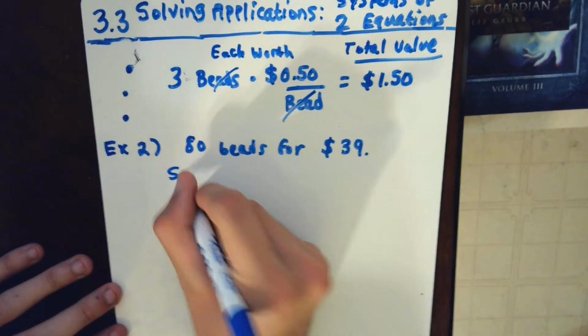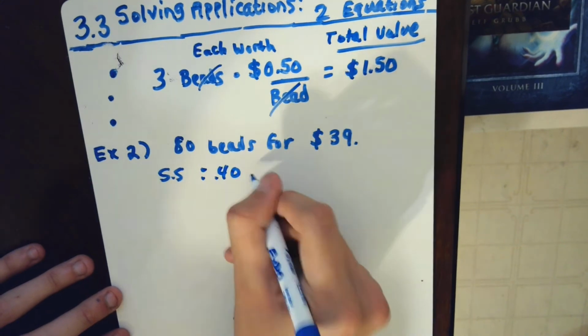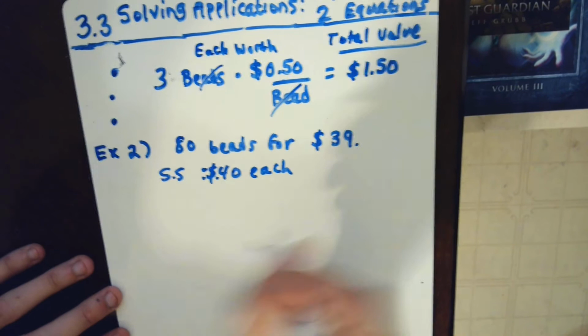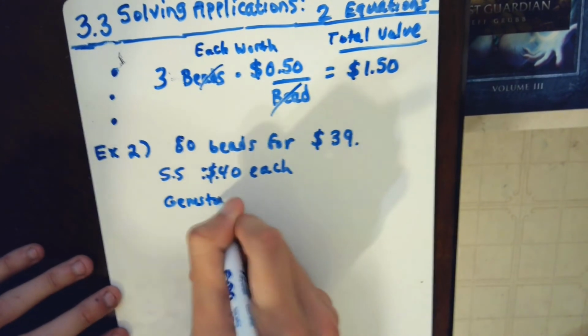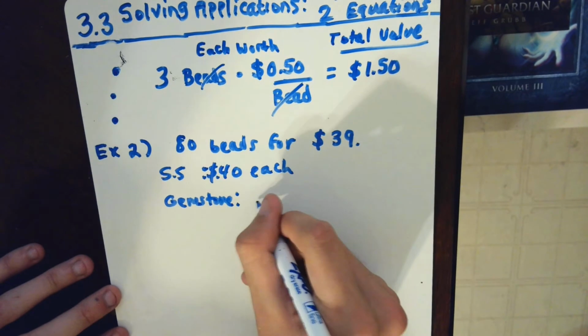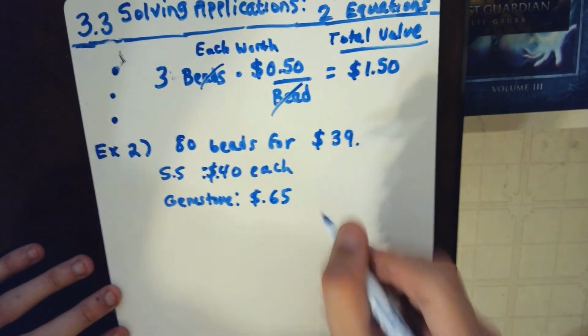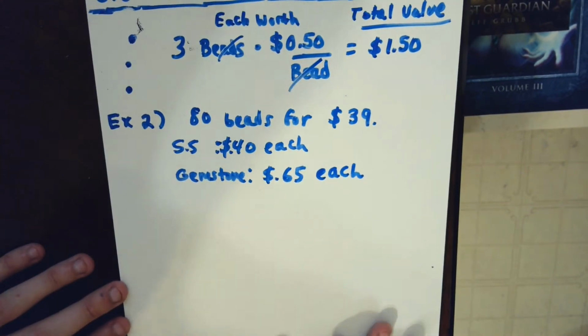So we had sterling silver, which were 40 cents, so $0.40 each. And then we have gemstone beads that are worth 65 cents each, or $0.65 each. So that's the setup. This is the information that we need to solve the problem.